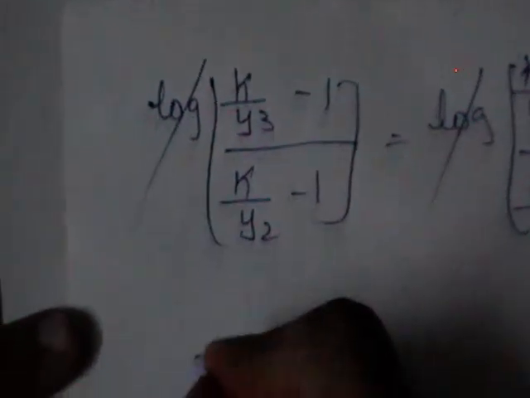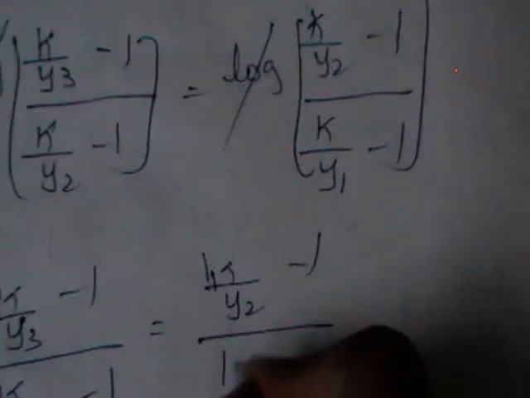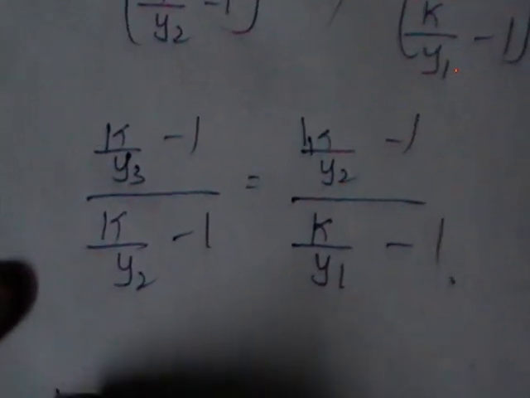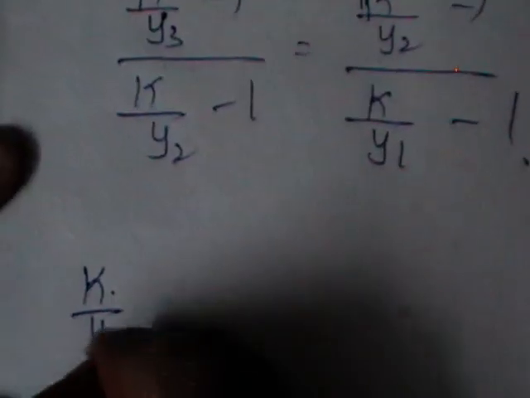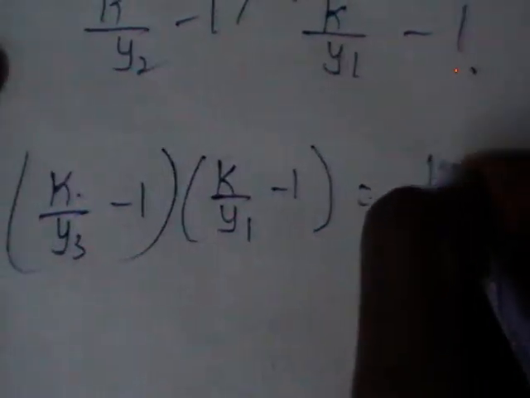So you got (k by y3 minus 1) by (k by y2 minus 1) is equal to (k by y2 minus 1) by (k by y1 minus 1). So if you cross multiply, you will get (k by y3 minus 1) into (k by y1 minus 1) is equal to (k by y2 minus 1) whole square.